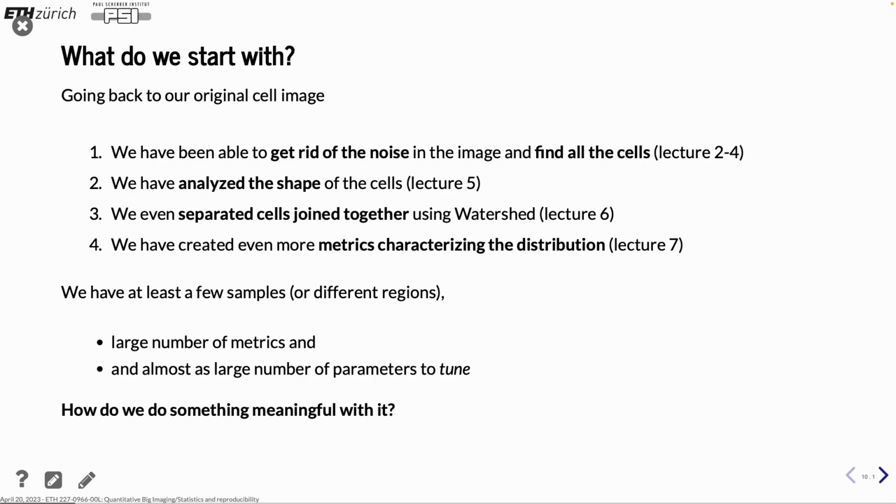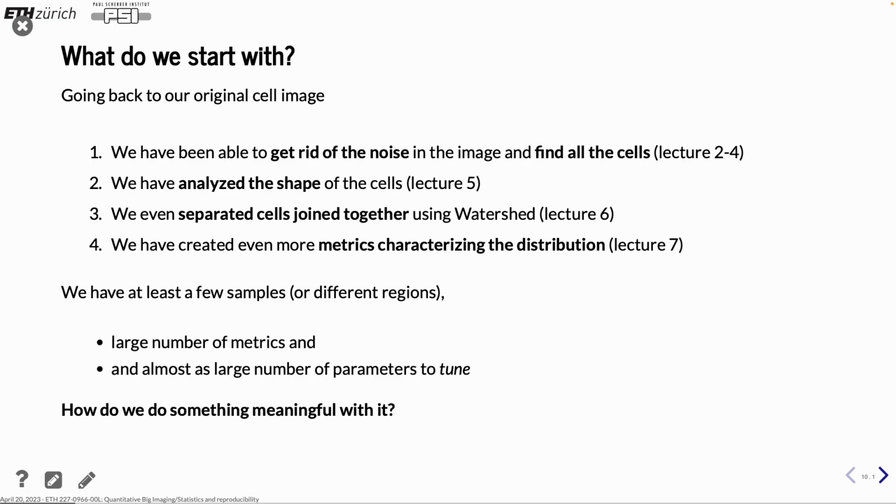So getting back to our original image, there we got rid of some noise and tried to find the cells. That was lecture 2 till 4. Then we analyzed shapes, then we went into lecture 5, and if the cells were overlapping, we could even separate them, and then we went into 7. And two weeks ago, we added some more characterizing metrics and looking at distributions.